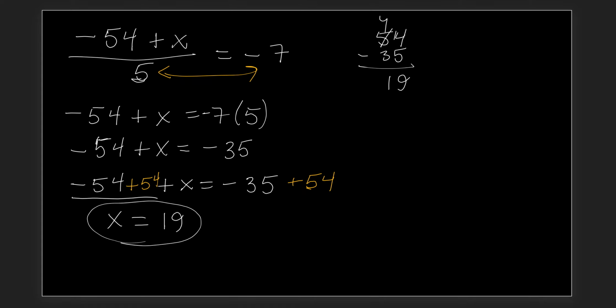Now I will do another problem where I have negative 8 equals negative 53 plus x all over 5. See how that looks? So you can pause the video and think about the answer to this question. What do I do first?